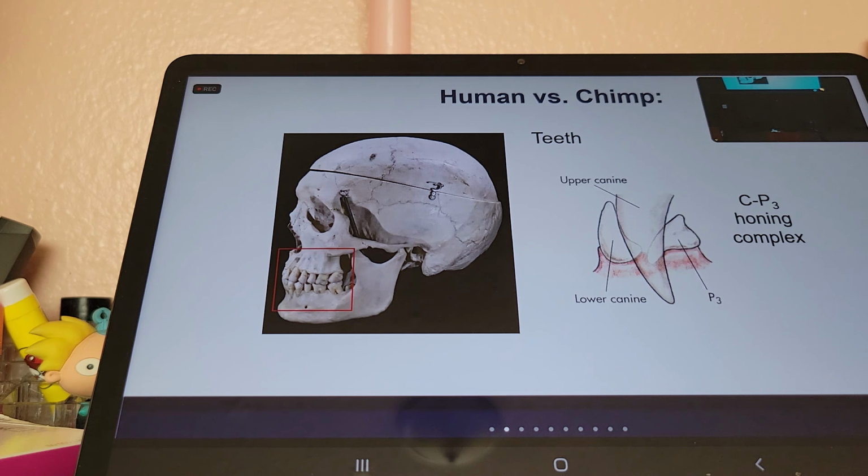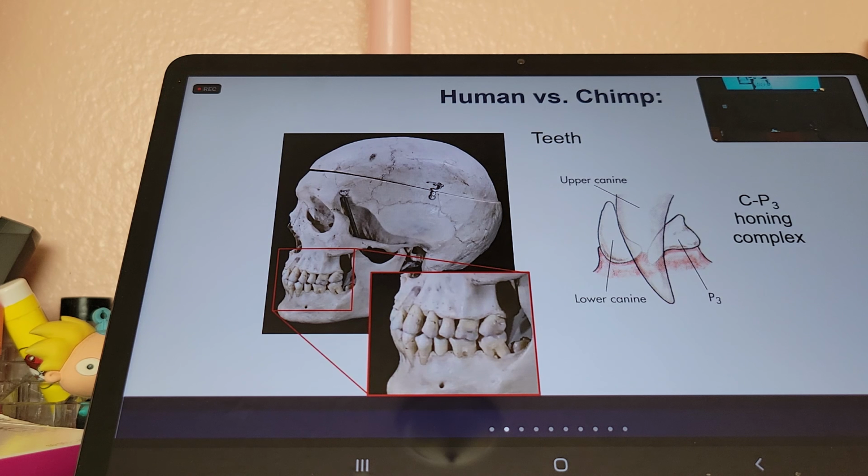Okay? Humans, this is a human, natural dentition, it's natural bone, natural dentition, and when we look up close, here's that canine, that upper canine. Note it is not large and projecting, right? Here is that P3.